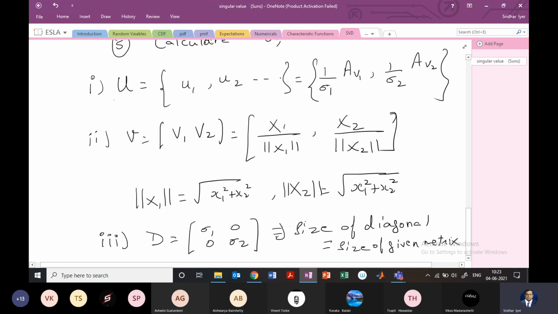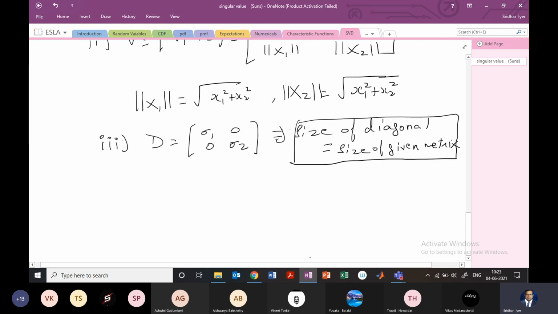It cannot be more or less. So this is your check. If A, which is given to us, is 2 cross 2, the diagonal obviously has to be 2 cross 2. And then the last step, that is the sixth step, we split A as U, D, V transpose.